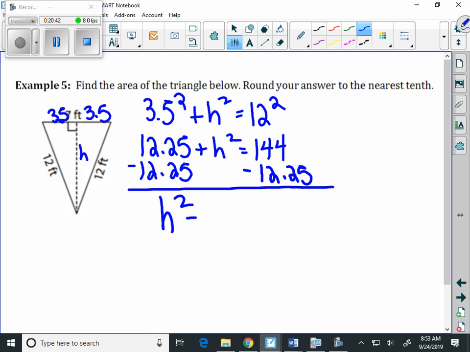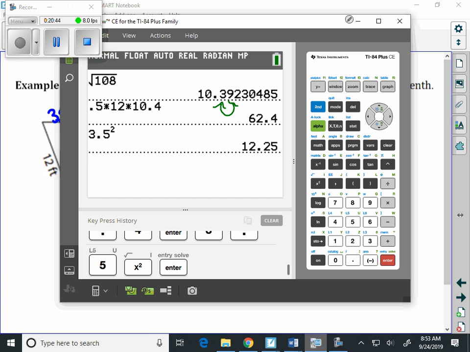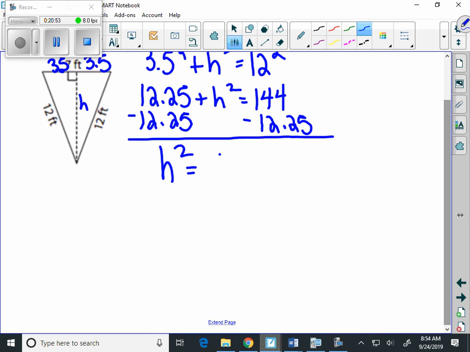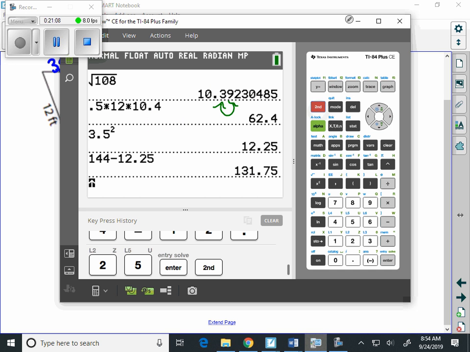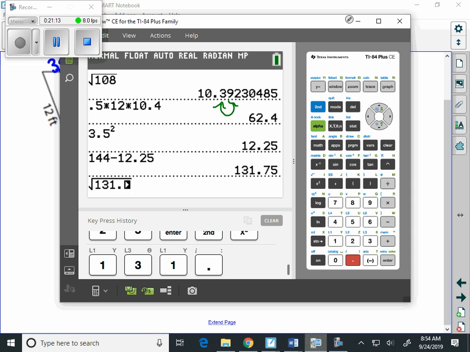And we get h squared equals 144 minus 12.25, which gives us 131.75. And once again, to undo the squaring, we need to take the square root. So we're going to end up with h equals the square root of 131.75.